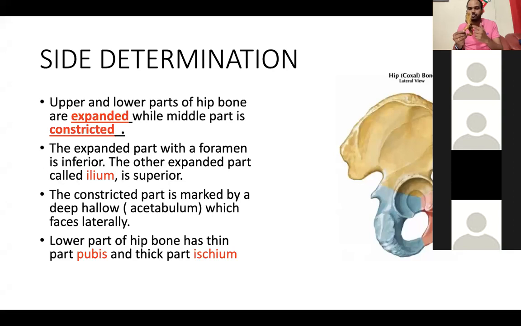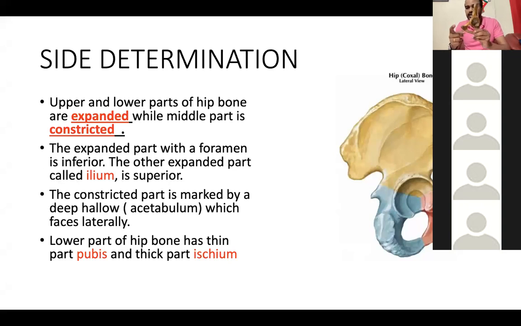Sorry, the acetabular fossa. This is facing laterally. The pubis is facing anteriorly. Ischium is facing posterior towards me. So with these points, I am confident that this is a left hip bone.